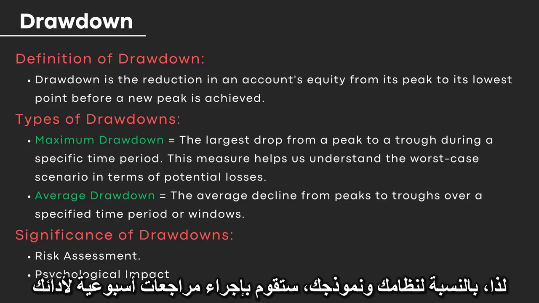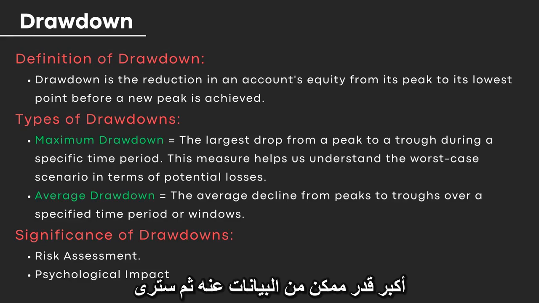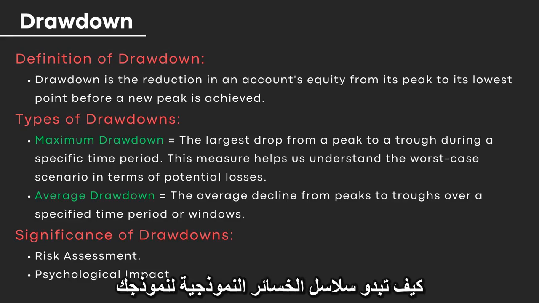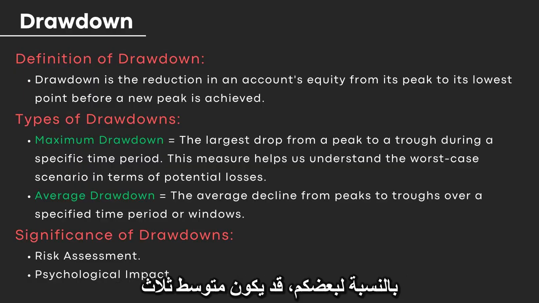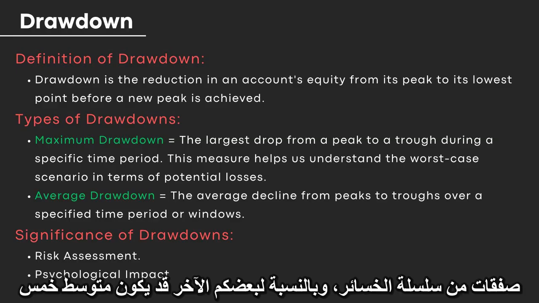So for your system and model, you're going to perform your weekly performance reviews and collect as much data as you can about it, and then you're going to see what the typical losing streak for your model looks like. For some of you, it might be an average of three trades' worth of losing streak. For some of you, it might be an average of five trades.